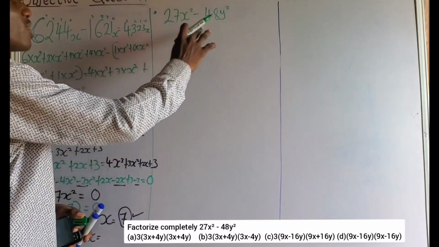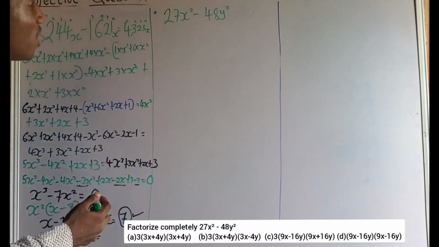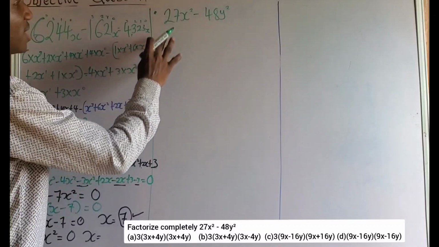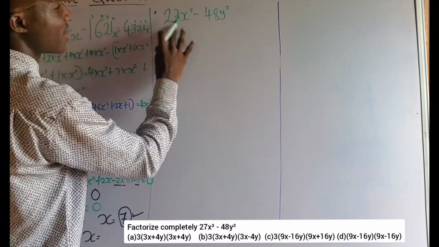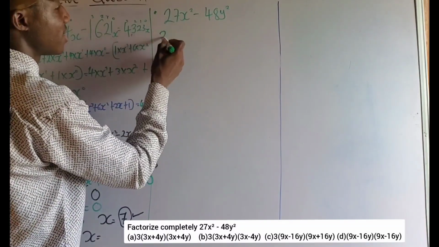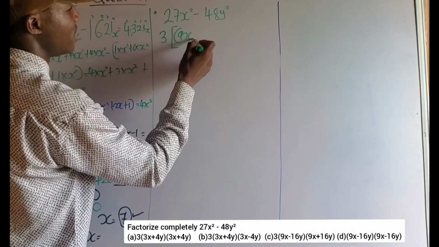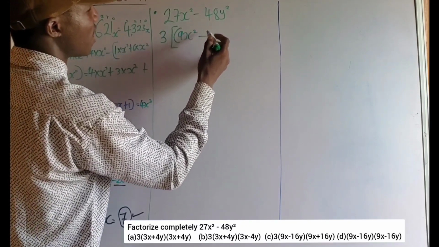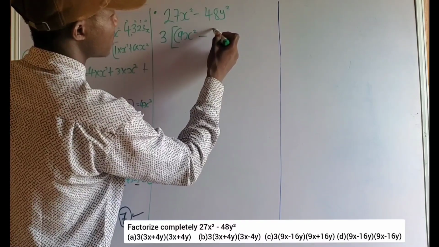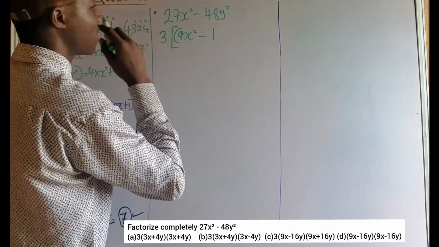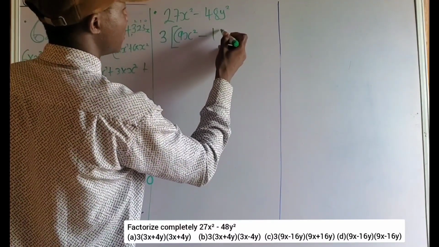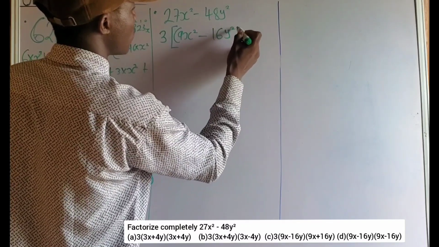Okay, now how do we factorize this completely? Well, please kindly pay attention. We can rewrite this as 3 multiplied by 9x squared minus 16y squared.